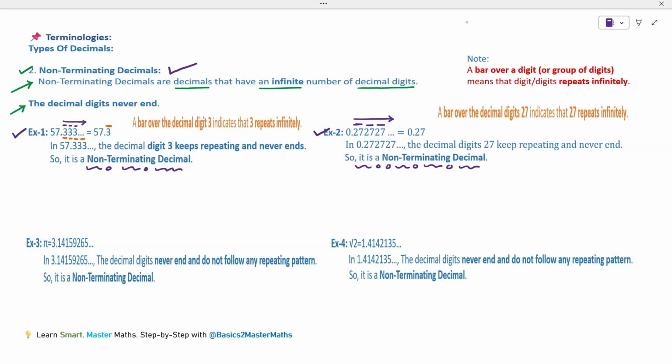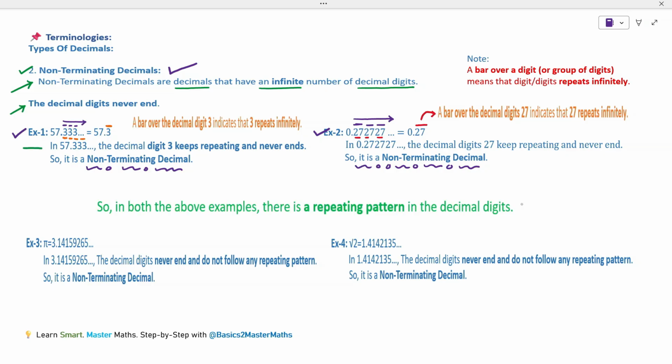Observe here, 0.272727 can be written as 0.27 bar. A bar over the decimal digits 27 indicates that 27 repeats infinitely. Got it?